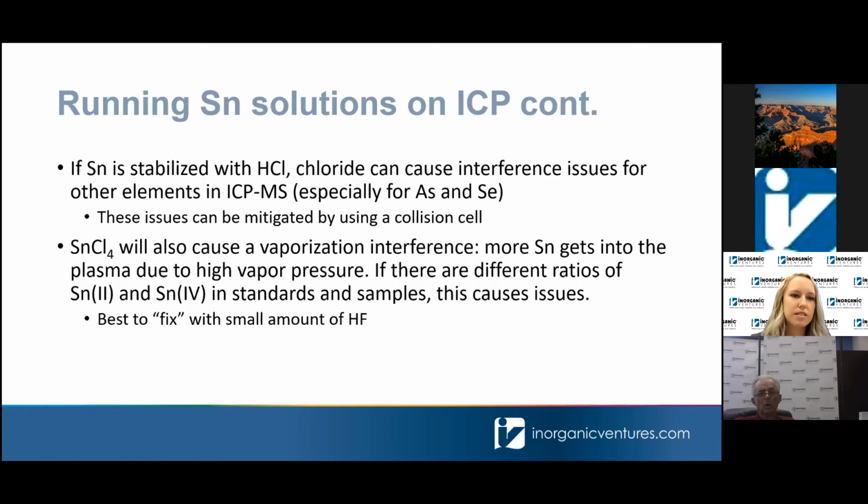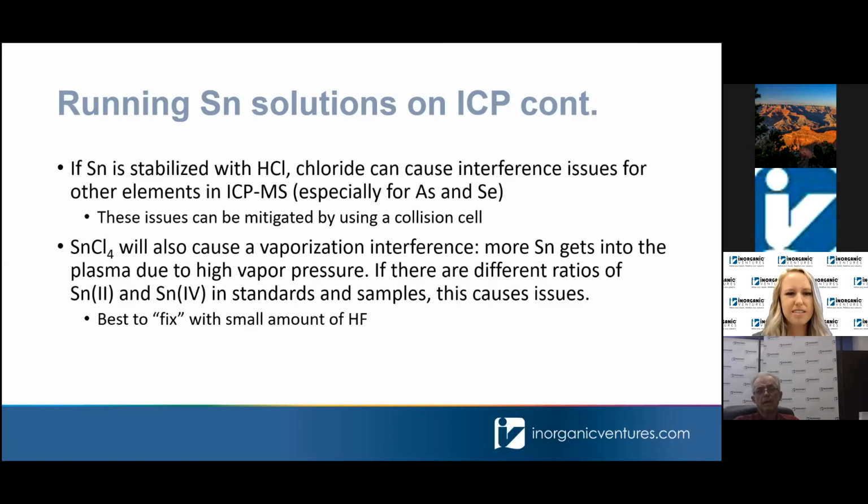Another issue is, again, the tetrachloride, which has that low boiling point. So it's going to have a high vapor pressure and high transport efficiency to the plasma, so you're going to get high signals if you do have that tetrachloride in your solution.